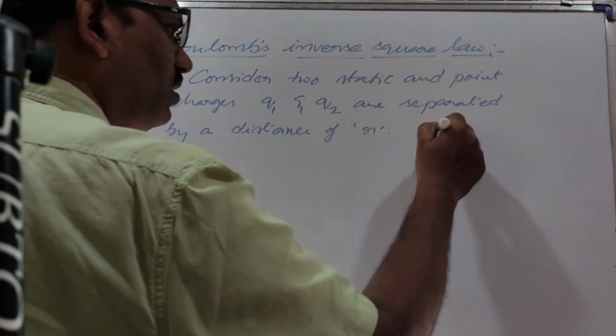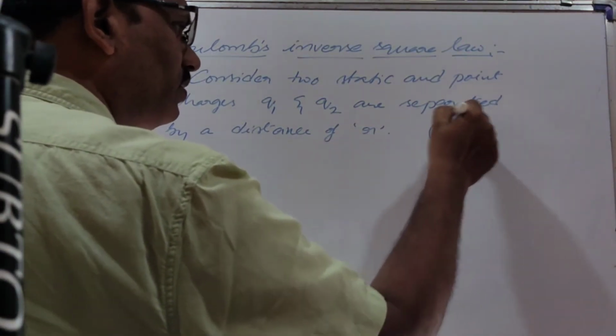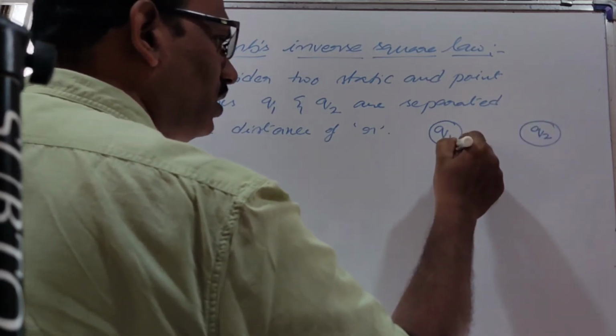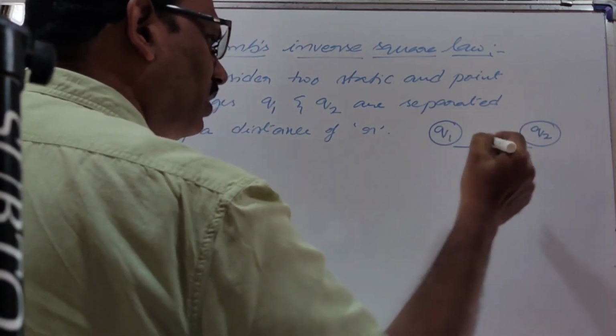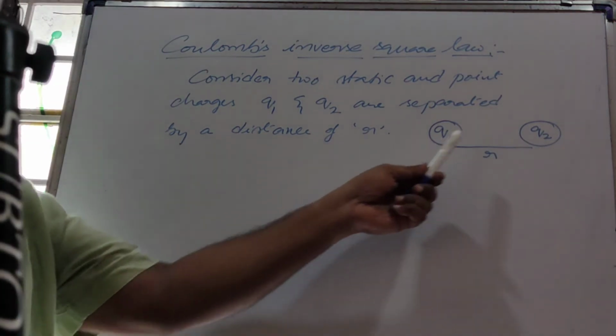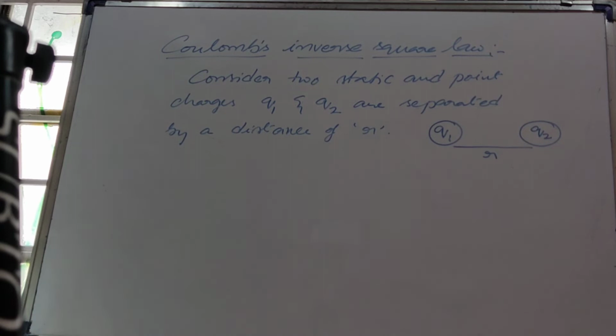Like this: this is Q1 and this is Q2, and the distance between them is small r.